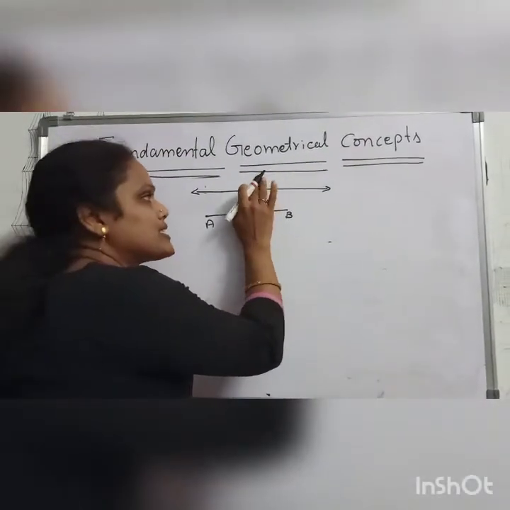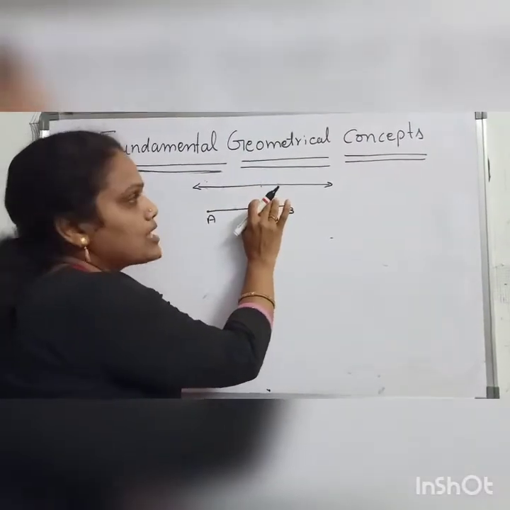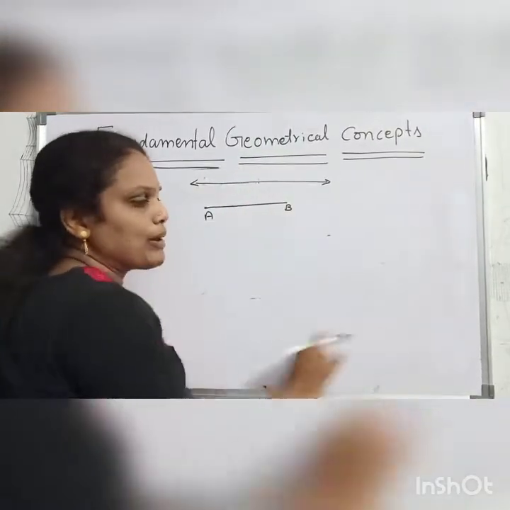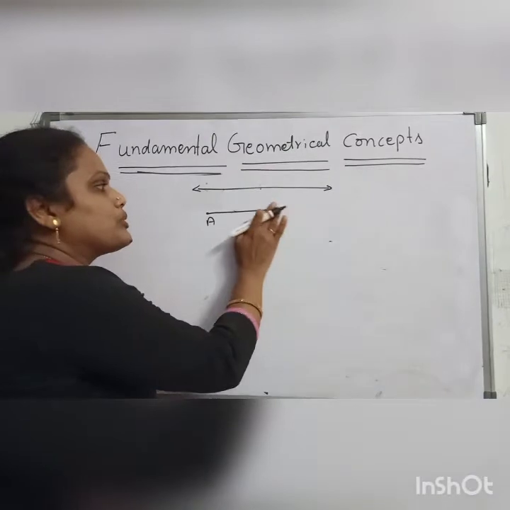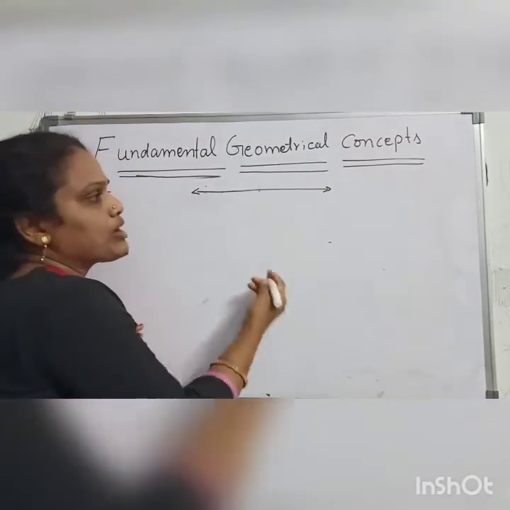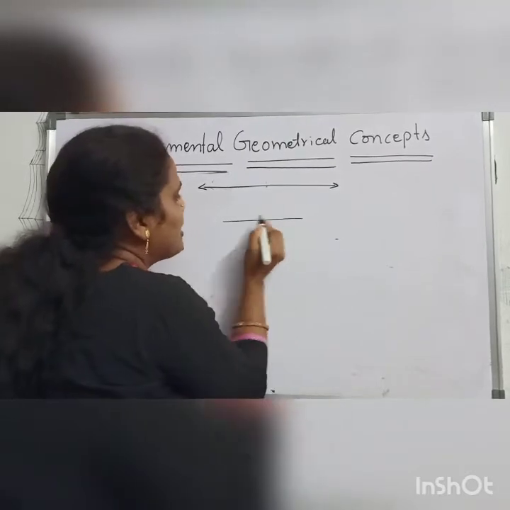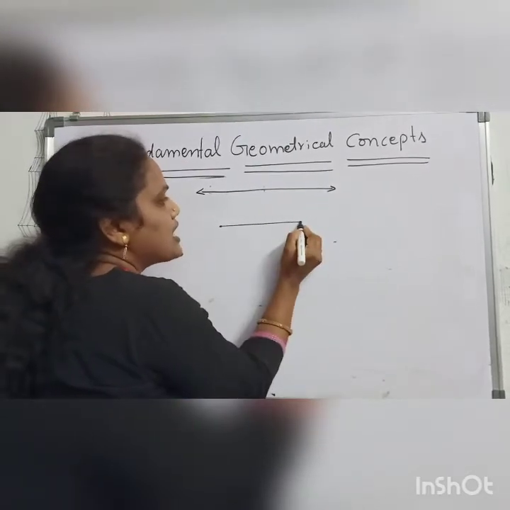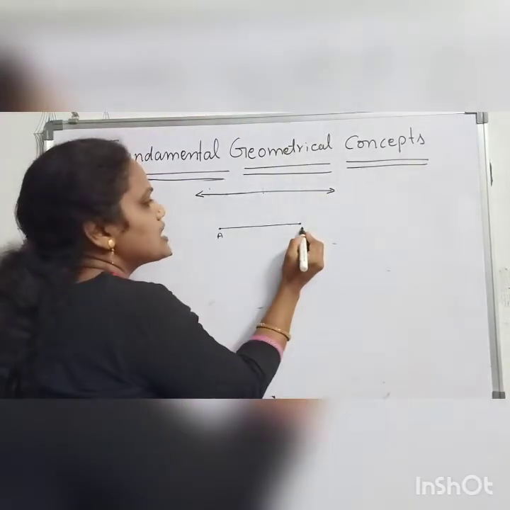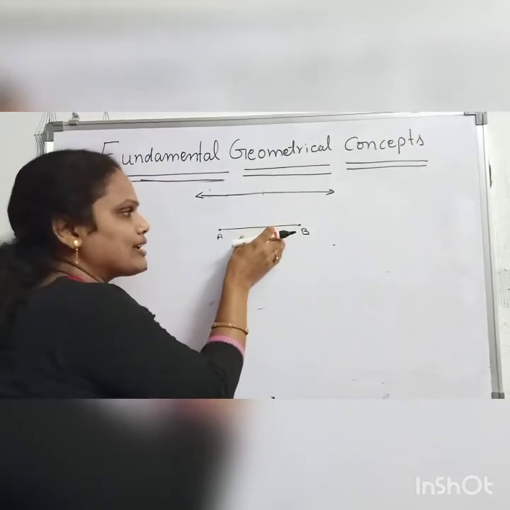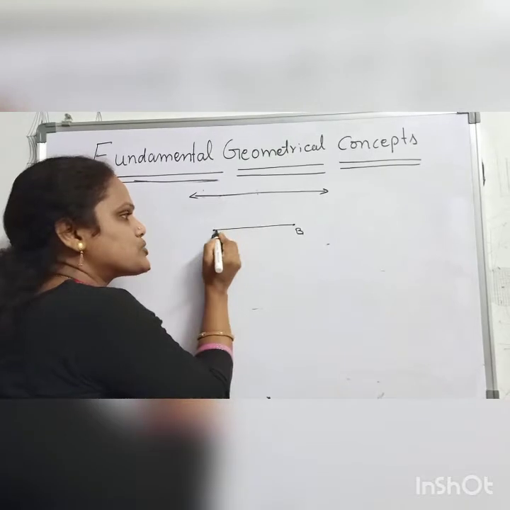We can just represent the line, but it is not possible to draw a line on a single paper. So to represent and measure any shapes in geometry, we take the line segment. A line segment is drawn with two points. We take a part of the line and join these two points.